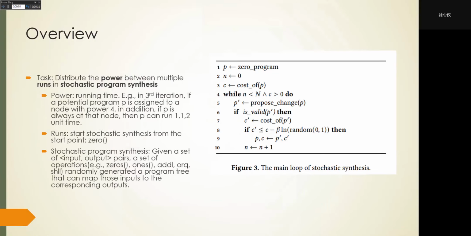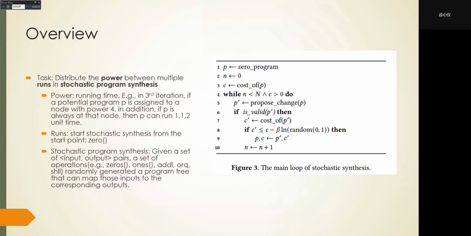One key attribute of stochastic program synthesis is that it only focuses on the given set of input-output pairs. First, if you give this input, then you must output the exact output.